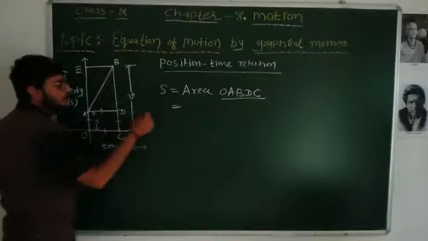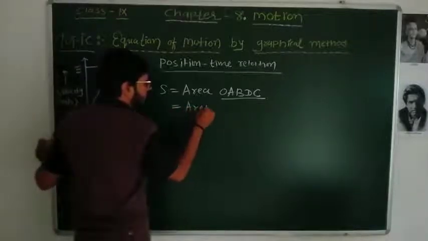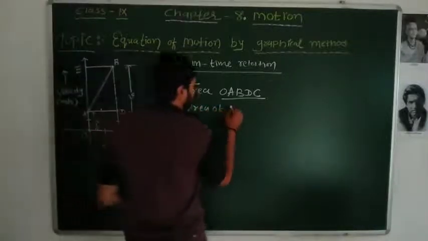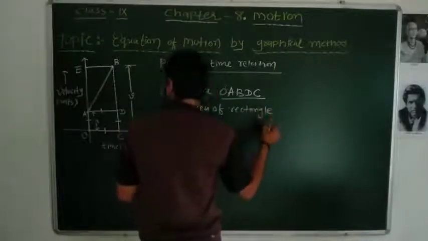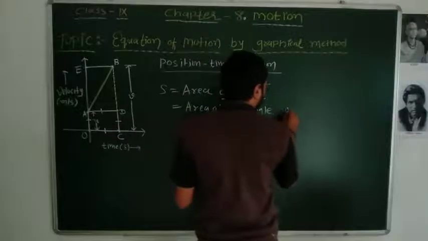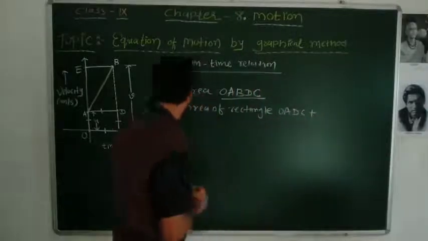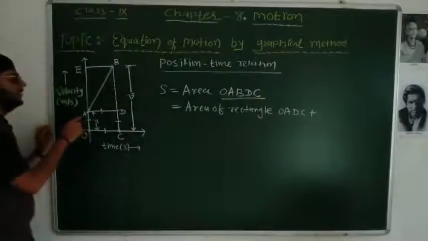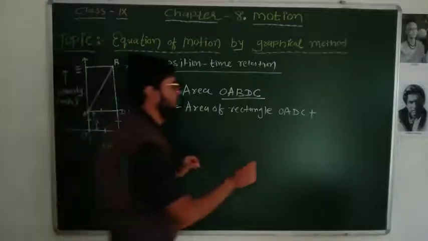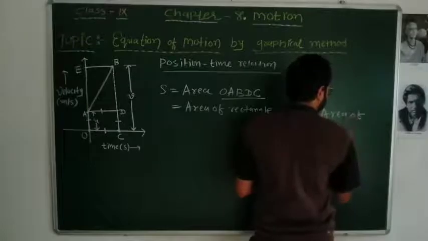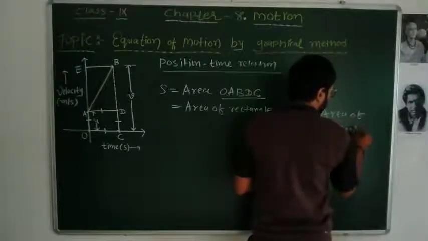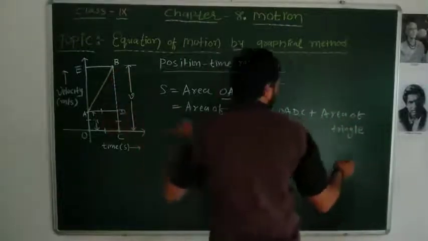So here we can write the area of rectangle OADC plus the area of triangle ABD.